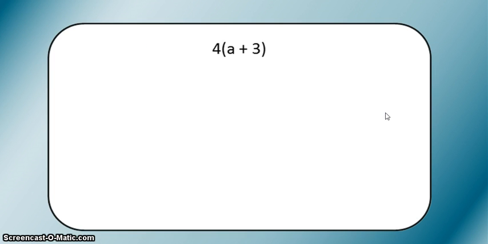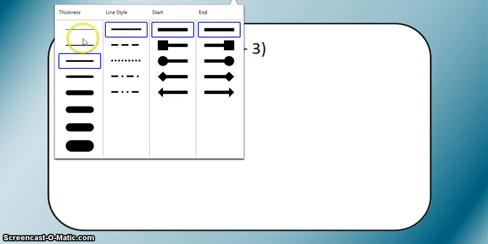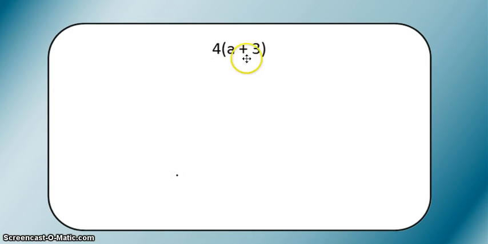So in this first one, we have 4 times the quantity of A plus 3. So far, we haven't learned how to get rid of those grouping symbols. What we're really doing here, we can think about this as area.